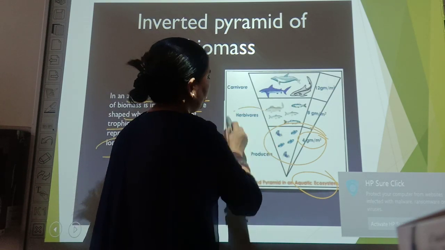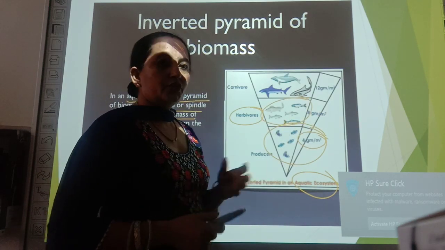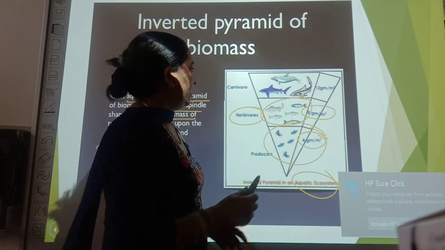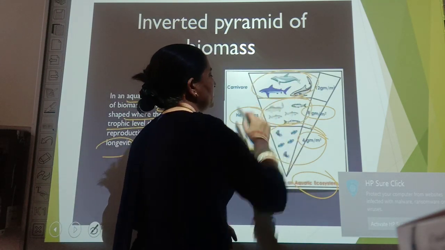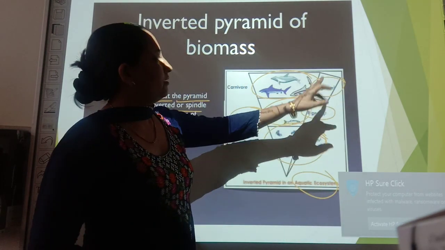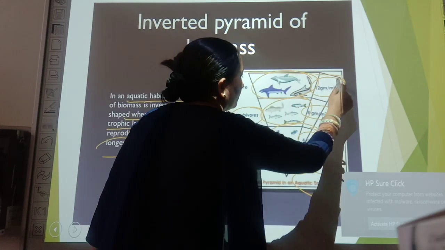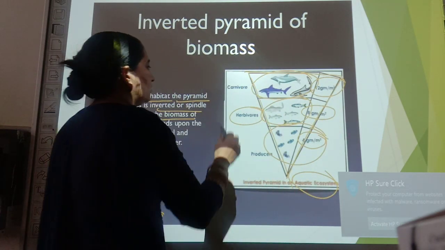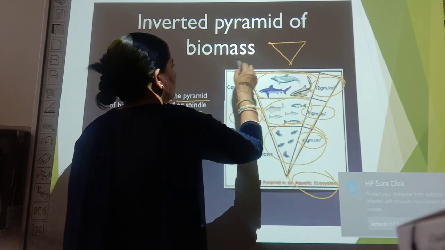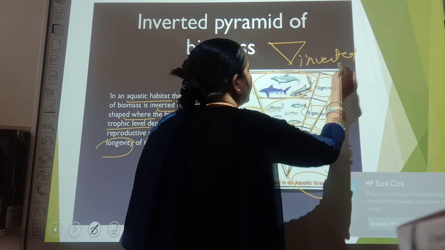But herbivores are larger in size, so they produce 8 gram per meter square of biomass, and carnivores are further larger, so they produce 12 gram per meter square of biomass, and that's why the pyramid of biomass is inverted. This type of pyramid is known as an inverted pyramid.